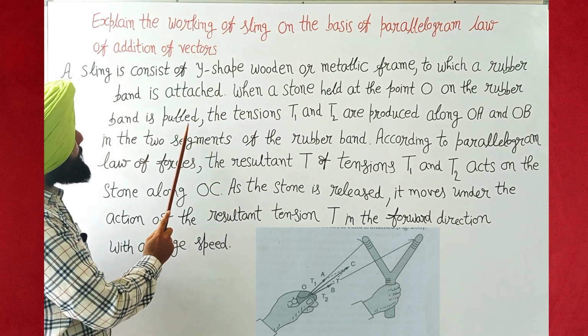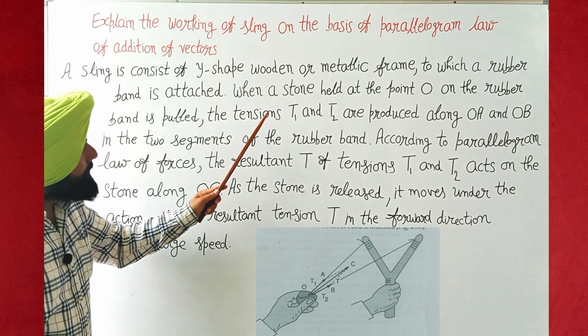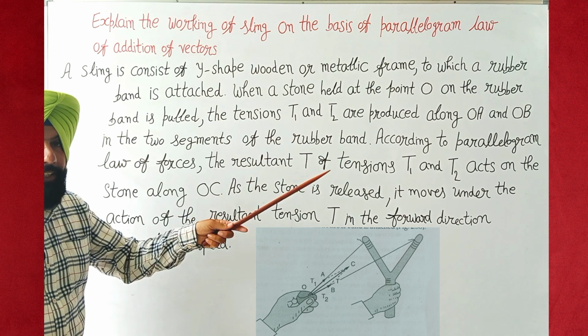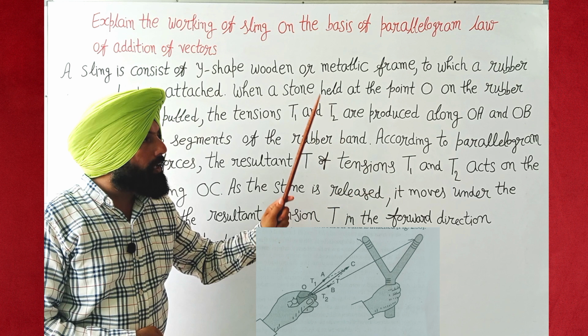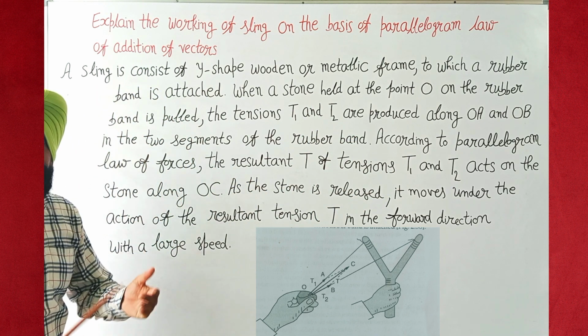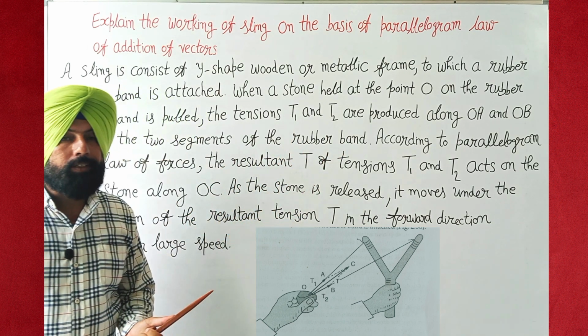When the rubber band is pulled, the tensions T1 and T2 are produced along OA and OB in the two segments, these two parts of the rubber band.